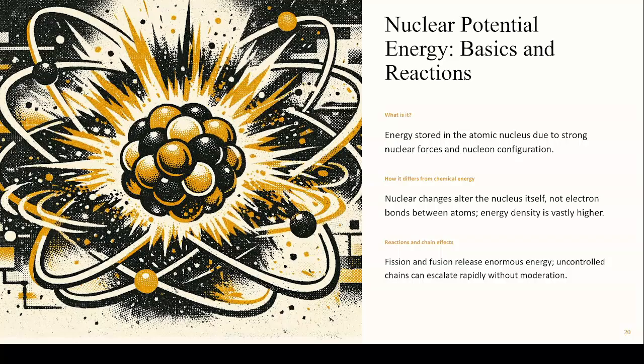Here we are talking about the nucleus of the atom. That is the difference. In chemical potential energy, it's the bond between atoms. In nuclear potential energy, it is the nucleus of the atom. Cool. Then, fission and fusion. I don't think we need to worry about this one.